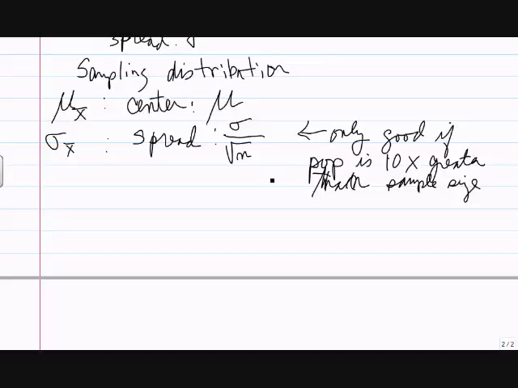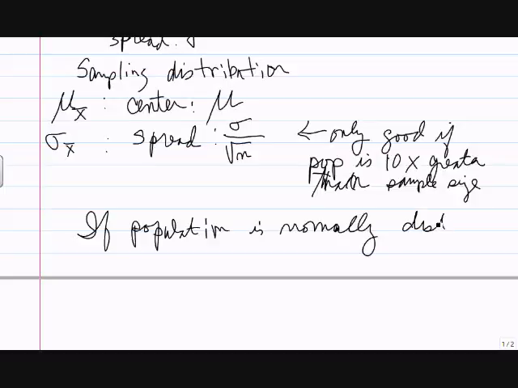Now, these numbers are the same whether your population distribution was normal or not. But if the population is normally distributed, the sampling distribution is guaranteed to be normally distributed, or approximately normally distributed is fine.